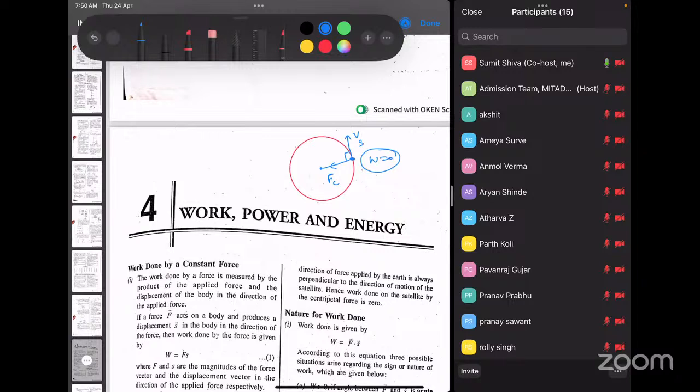Again, this gravitational pull on the planet will be at 90 degree with the direction of displacement, and work done will be zero, which means there will be no energy loss in the revolution of the planets around the sun, which implies that the total energy of that particular system will be constant. It will neither increase nor decrease.